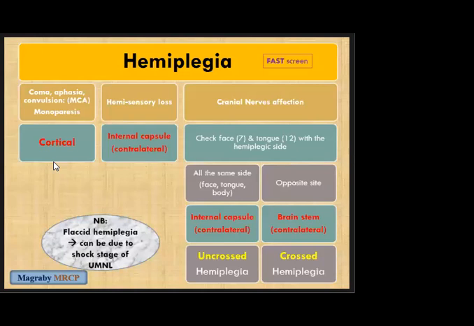If it is a large cortical area affection, definitely it will affect the cognitive functions and the consciousness of the patient. The patient may be in a coma or cannot do cognitive functions well. Aphasia might occur due to affection of Broca's area and Wernicke's area, as we mentioned before. Convulsions may occur due to affection of a large area of the cortex, or monoparesis if a specific part of the body is affected.